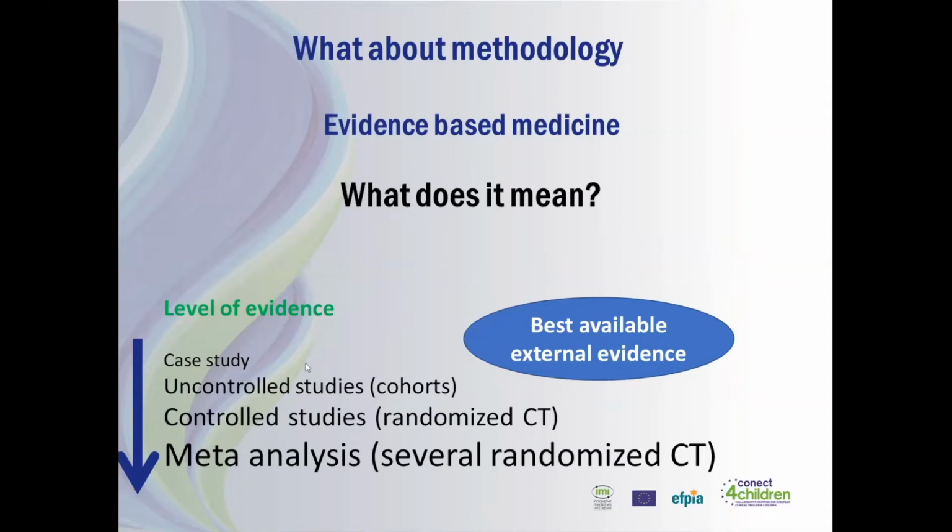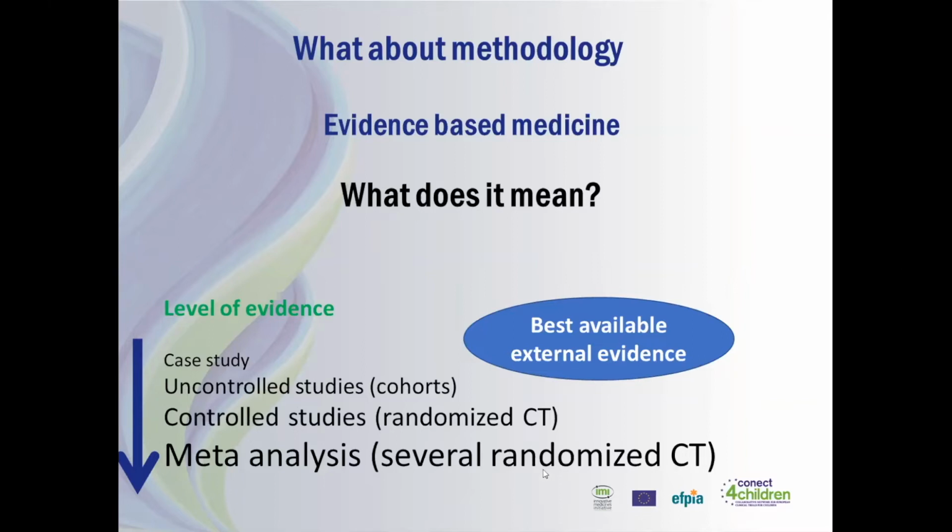So he will use the best available evidence. So we need to define a level of evidence. This level is increasing from a case study or a case report, which is the least important level of evidence, to the meta-analysis, which regroups several randomized controlled trials and which is considered the best level of evidence.